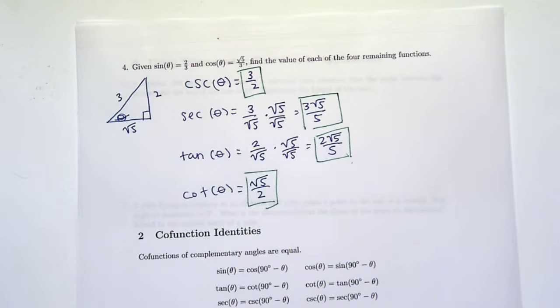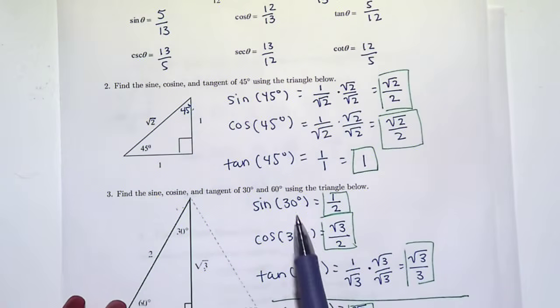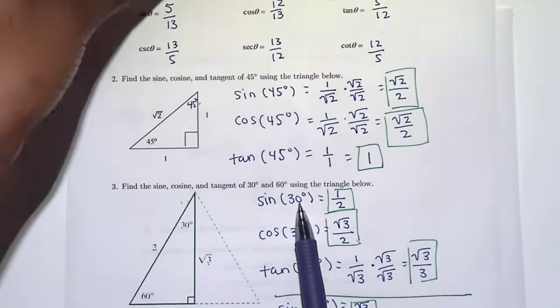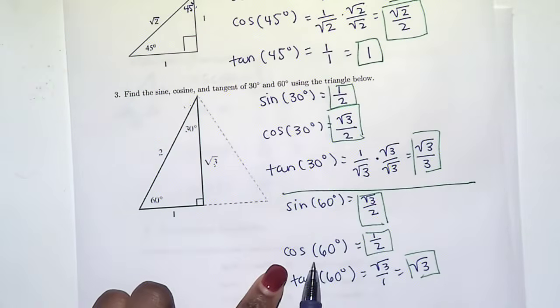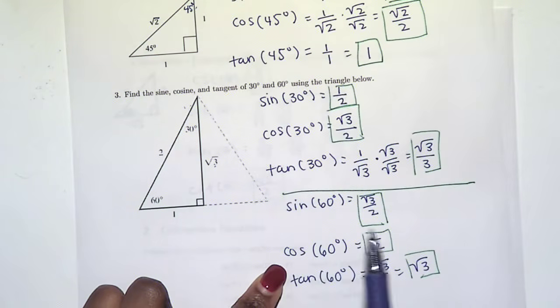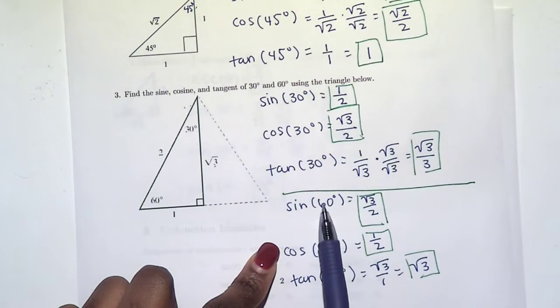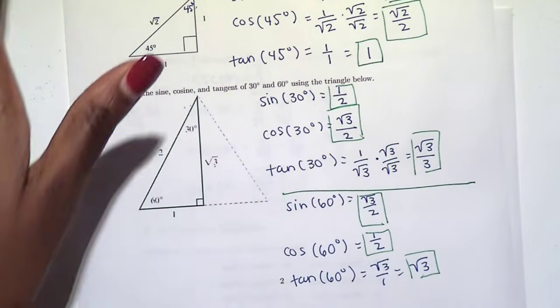So you may have noticed back with number 3 that sine of 30 degrees was the same as cosine of 60 degrees. And cosine of 30 degrees was the same as sine of 60 degrees. Why is that true? Well, that's true because 60 degrees and 30 degrees makes up 90 degrees.